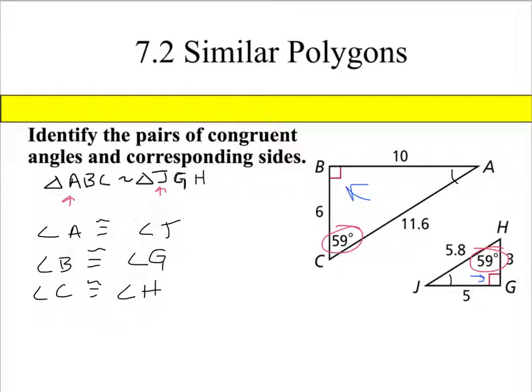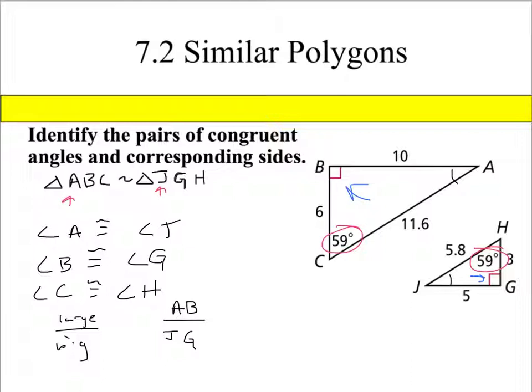Now what we have to do is identify the corresponding sides. That's just like we used in our congruent statements. We're going to use the exact same idea in our similarity statements with our corresponding sides. I know that AB is the large side, and I'm going to keep the ratio of large over small. If I look at my similarity statement, I know that JG represents the corresponding side of the smaller triangle.